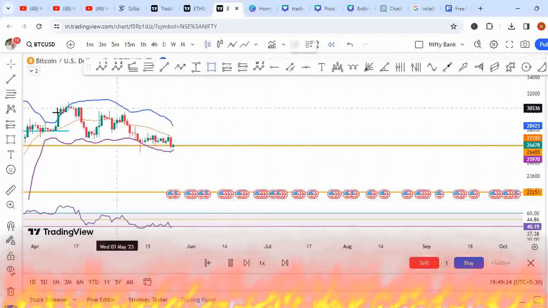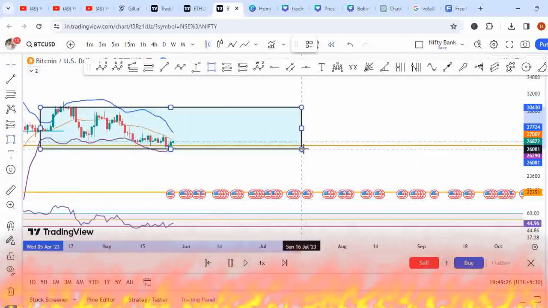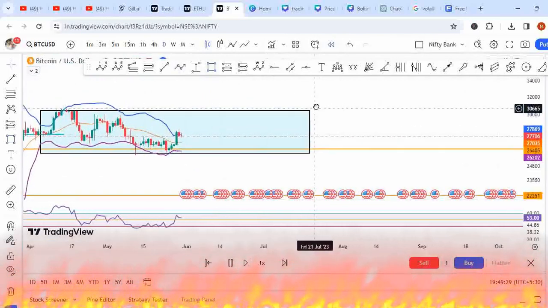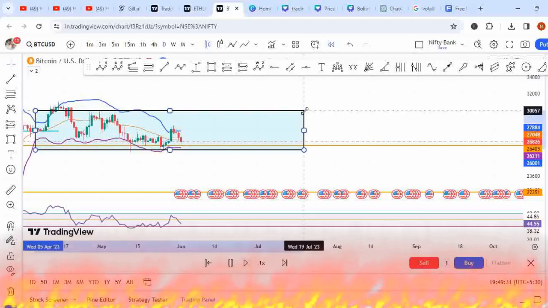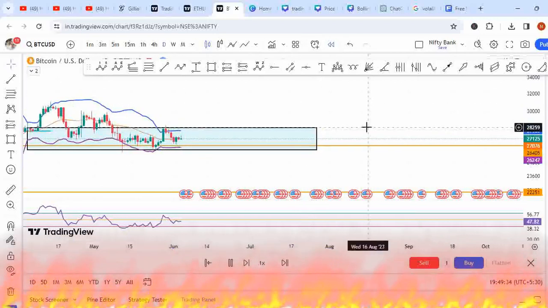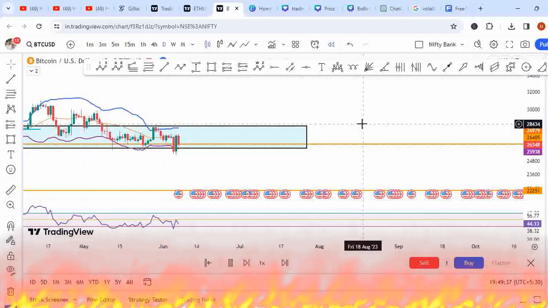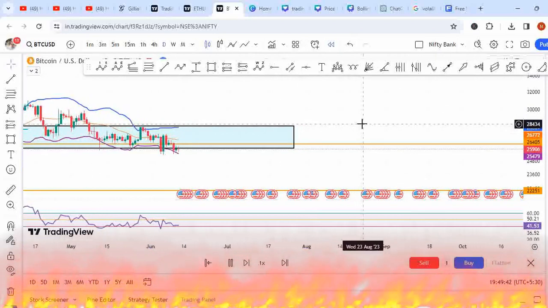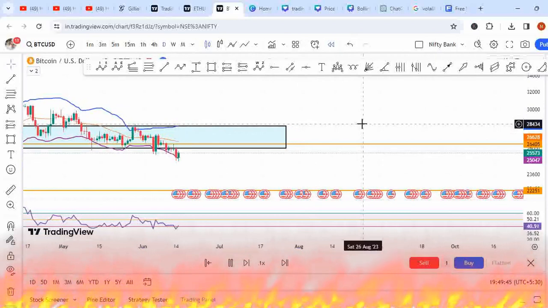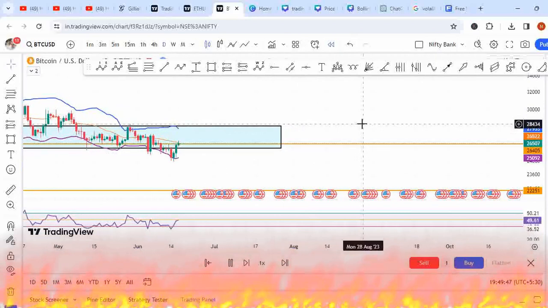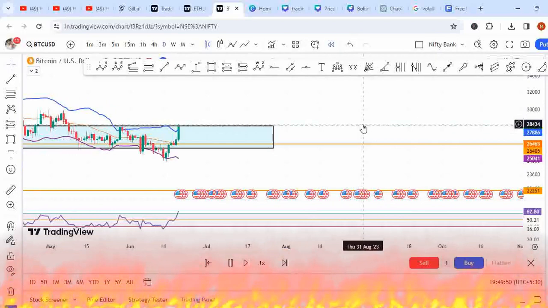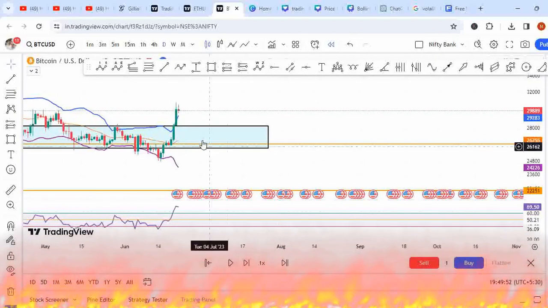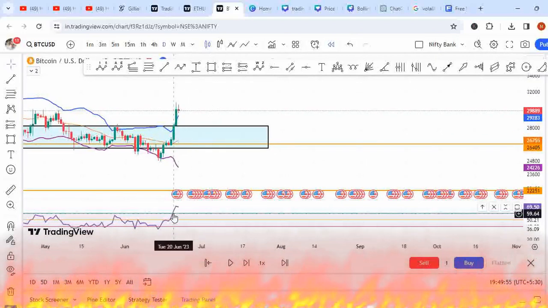Again, you see here, the Bollinger Band is under squeeze. See again here, what you can do is RSI is crossing above 60.